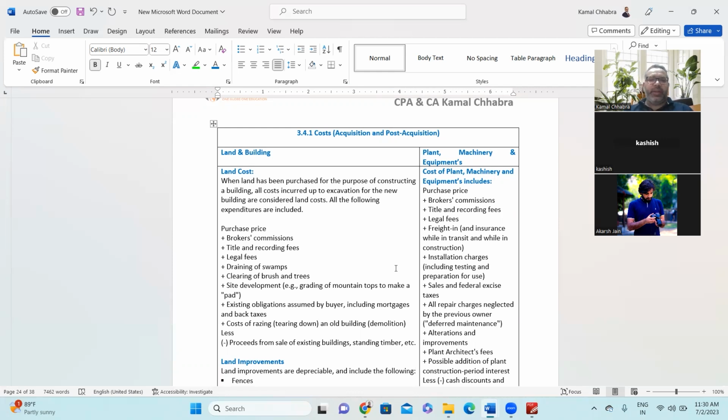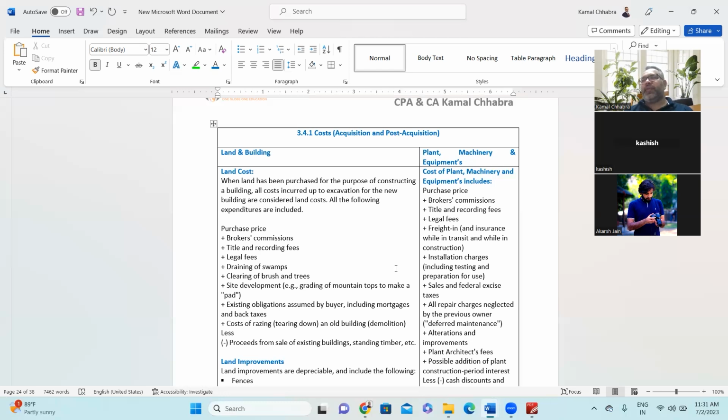So the land and building side. First is, what is the land cost? When land has been purchased for the purpose of constructing a building, all costs you have incurred for excavation of the new building are considered as land cost.